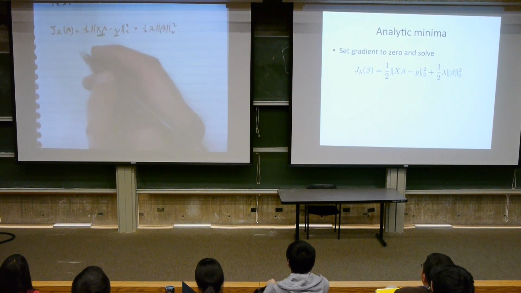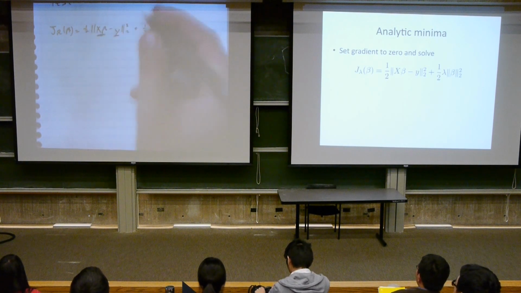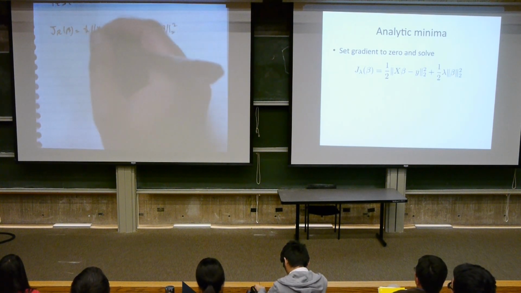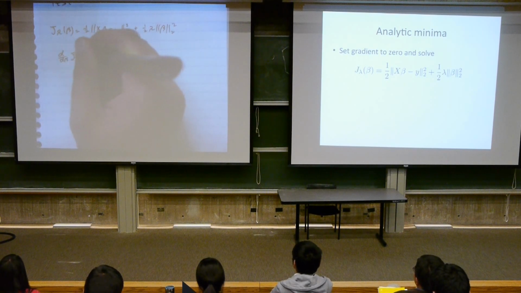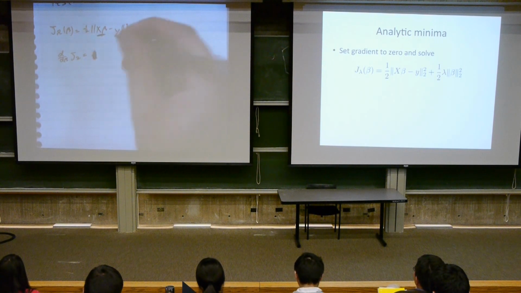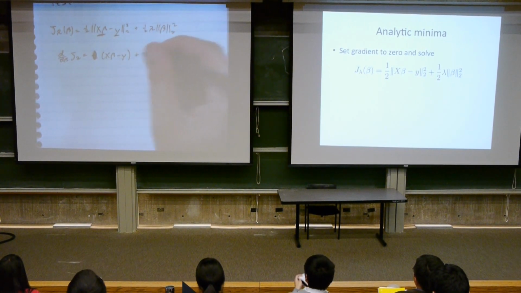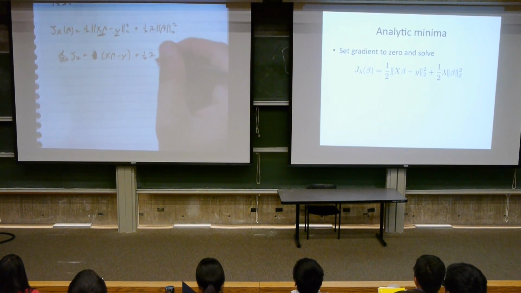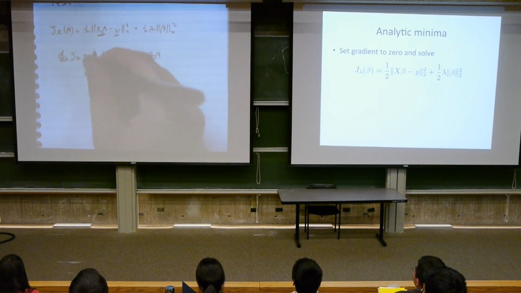So you guys in homework 1 basically took the derivative of this with respect to beta, and what you found was basically that. If you set that to 0, then you get the solution.